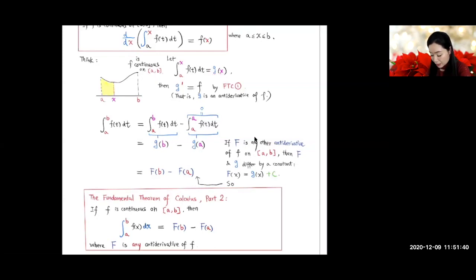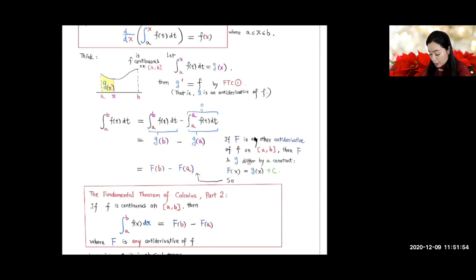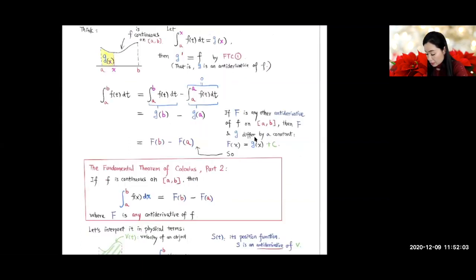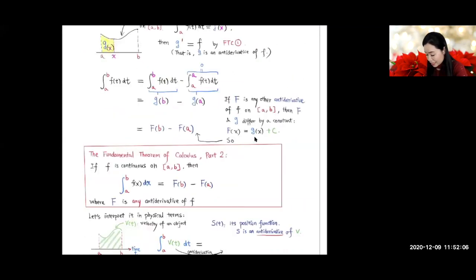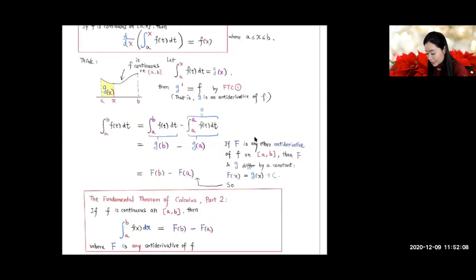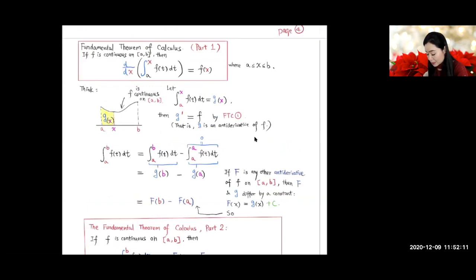That's g of x, the area so far function. According to the Fundamental Theorem of Calculus part 1, when you differentiate that with respect to x, we get back the same function that you integrated, which is this f over here.